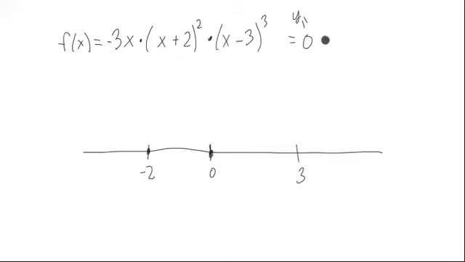What we're going to do for that is think about the leading term, the term with the highest power of x when we multiply all of this out and expand it so it's not factored anymore, because higher powers of x eventually win out over anything with smaller powers, and they tell us exactly what the end behavior will be.